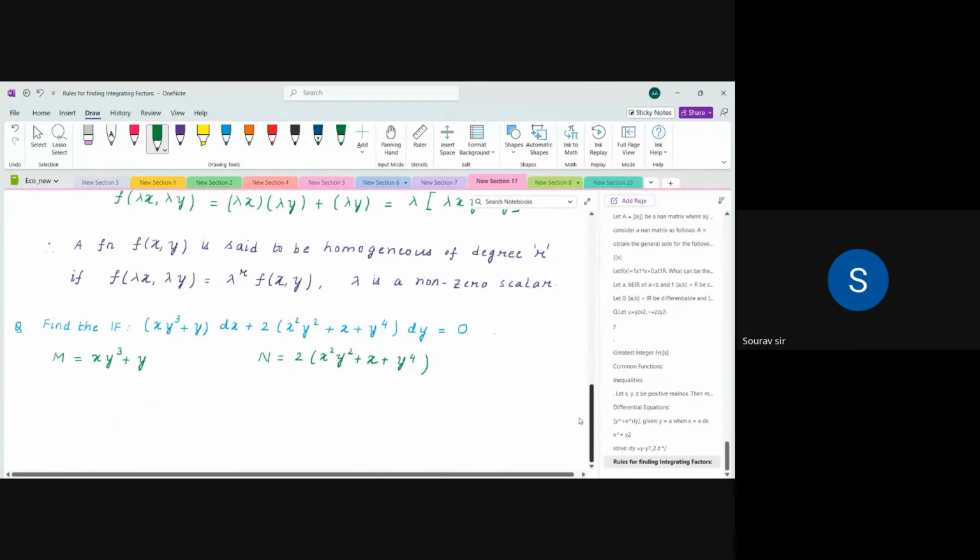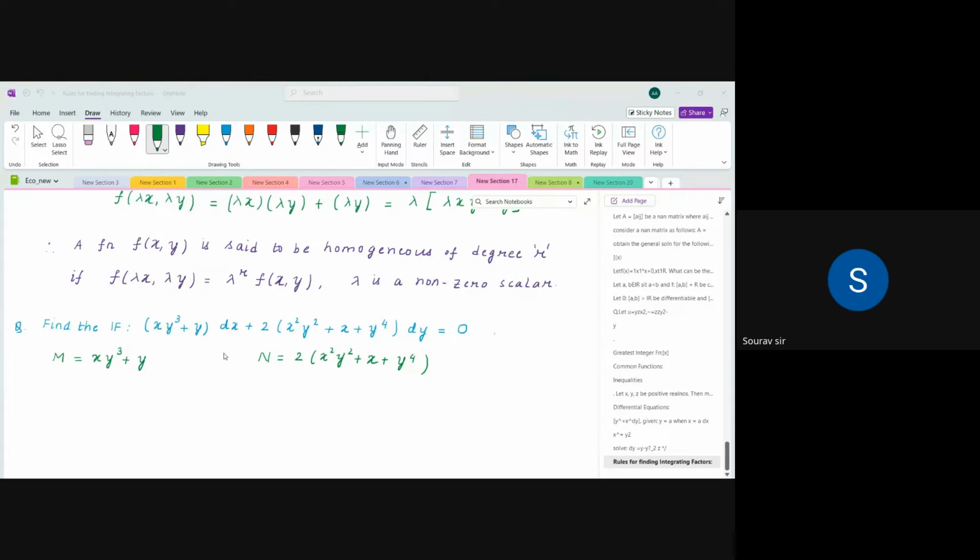So for point one, if you want to apply the first rule, you need to check for homogeneity, and they have to be homogeneous of the same degree. Can anyone tell me if that criteria is getting matched over here? Are M and N homogeneous? No, sir.